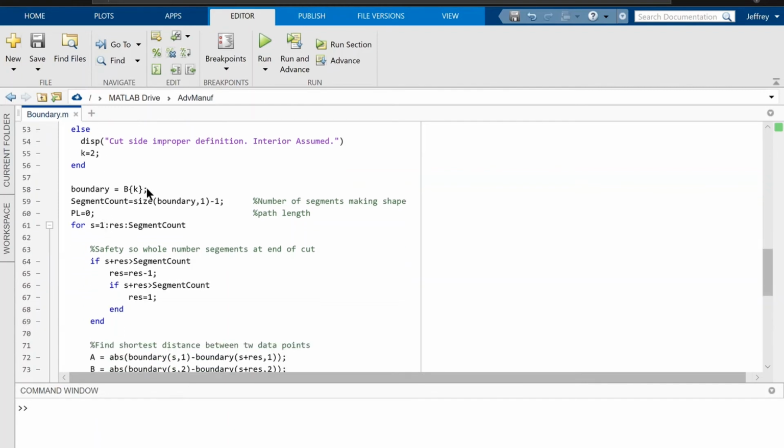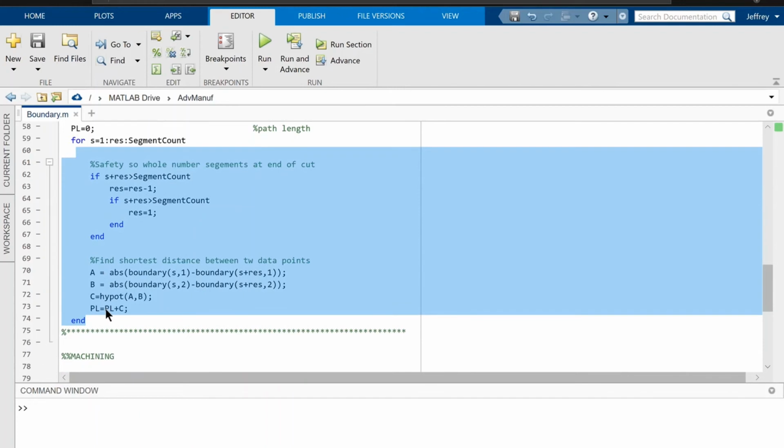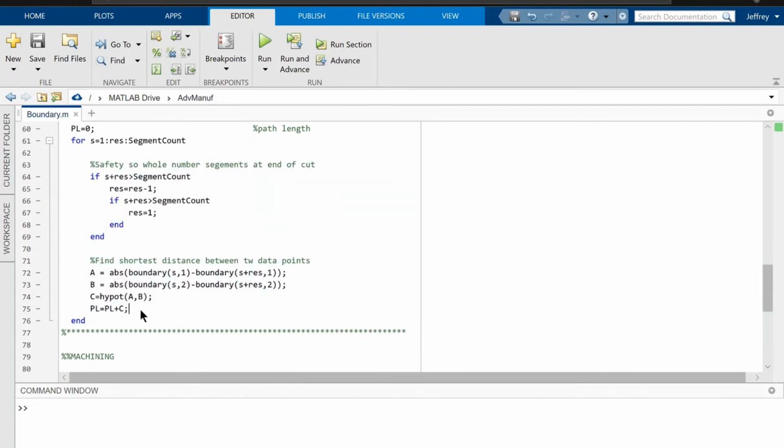We run the boundary function over the path that we're looking at, and then we end up counting the number of segments that are used to create that boundary. We start off by saying the path length is 0, and by the end of this for loop here, we continue to add on to the path length.